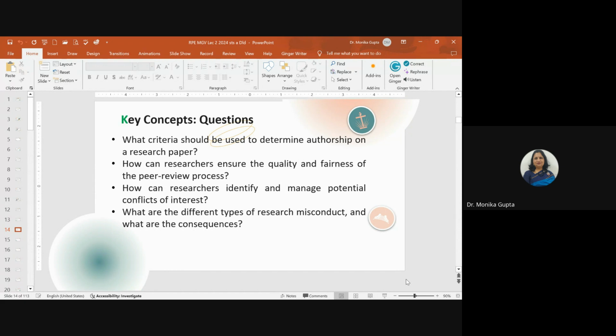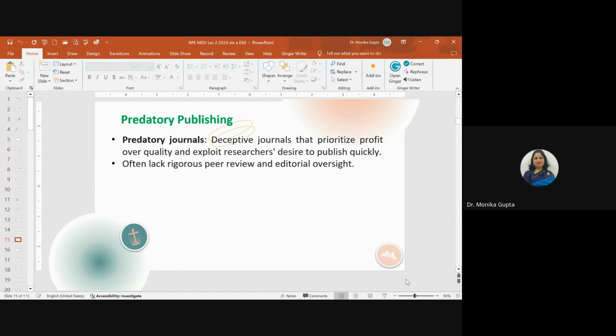integrity. Okay. Now the next, predatory publishing. So what are predatory journals? Which have low quality, basically. The cloned ones, right. So the rise of predatory publishing poses a significant threat to ethical research practices.